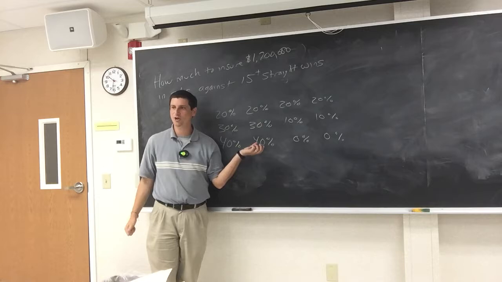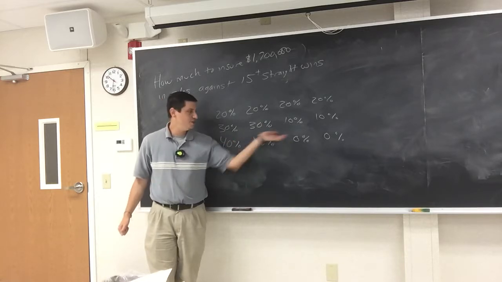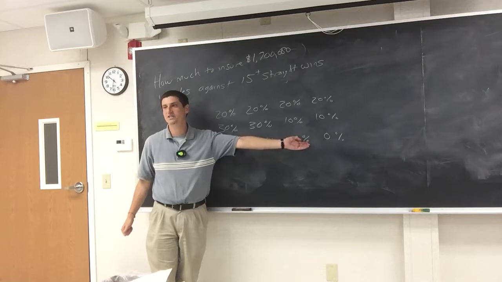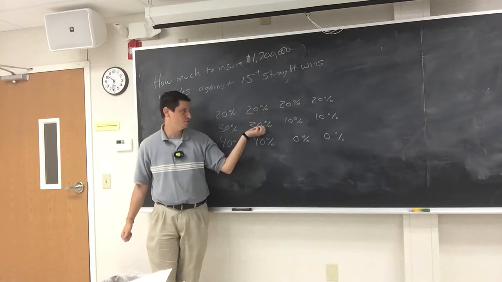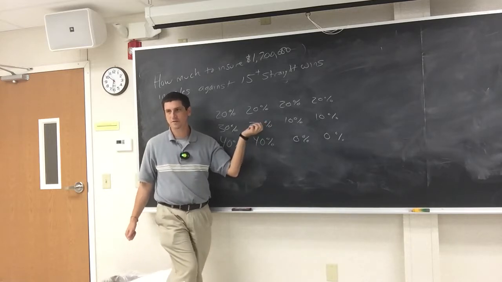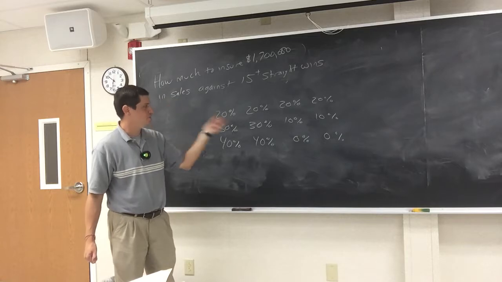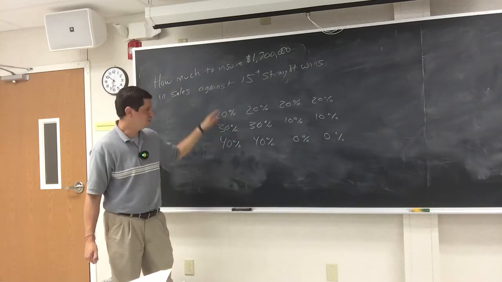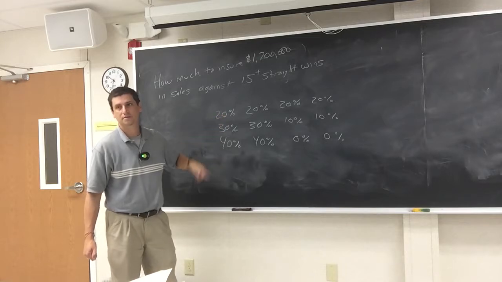On average, they all have the same ability to hit home runs. You're never going to get 4 straight home runs in that last situation. I think the all 20% actually does much better than the 30, 30, 10, 10. It's going to be 2 times 2 times 2 times 2 versus 3 times 3 times 1 times 1. So this is 16 versus 9. So it's almost twice as likely. Sure.